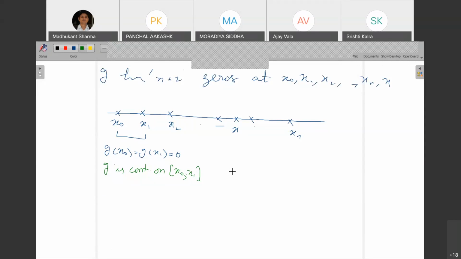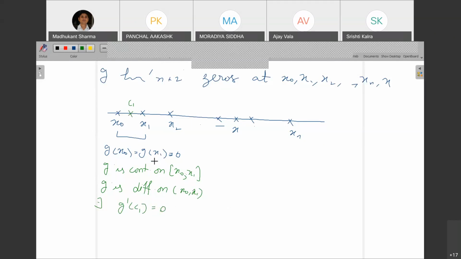So we assume that f is differentiable as many times as we want, that is, f is a smooth function. Then g is differentiable on the interval x0 to x1, and Rolle's theorem implies there exists some point, say c1, such that g dash of c1 is 0.